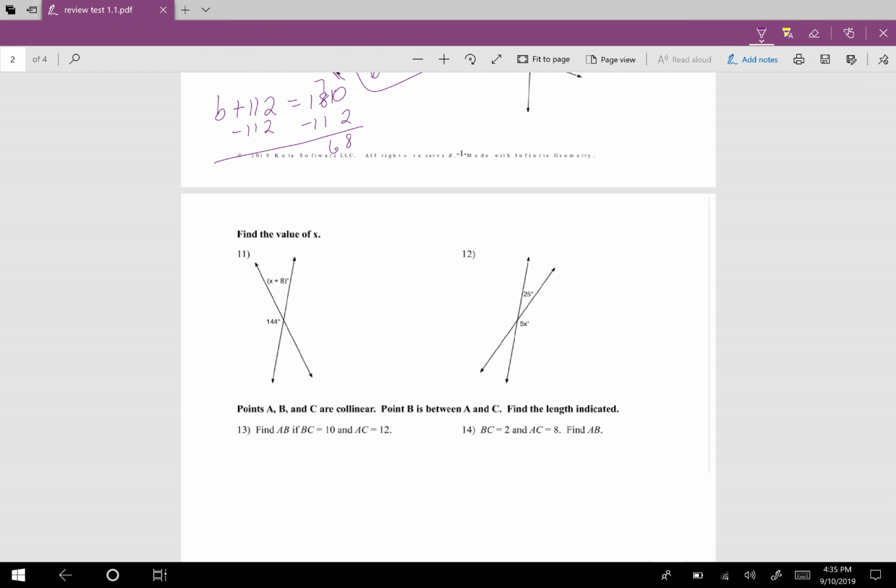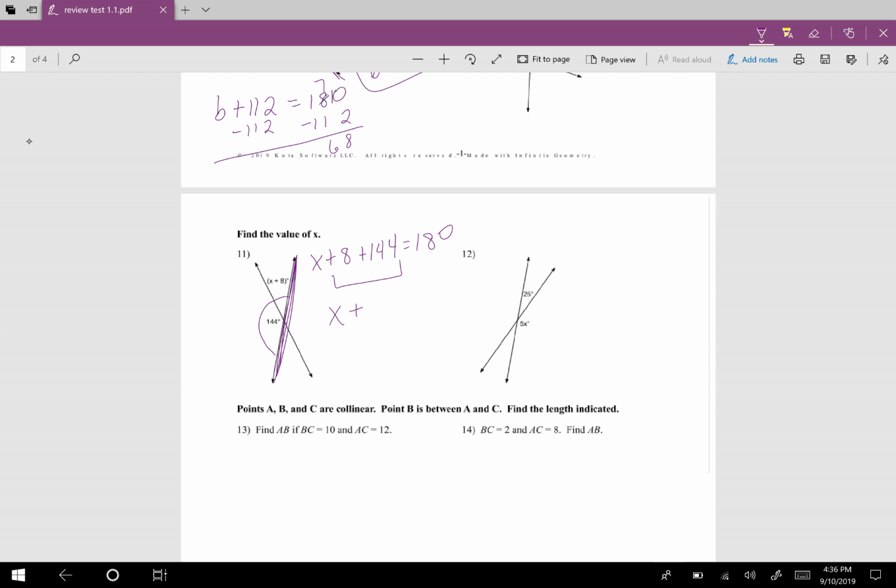Okay, on this one here, again, we see that this angle and this angle, they make a straight line. So that's a linear pair. So x plus 8 plus 144 equals 180. Now, on this side, I have this 8 and the 144. I need to add those together first.